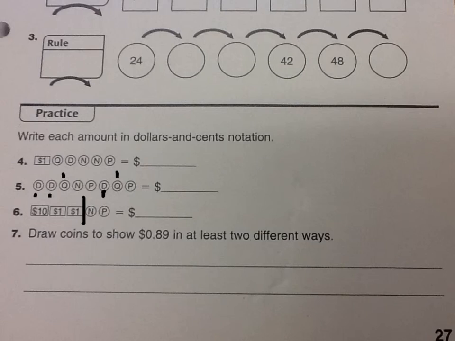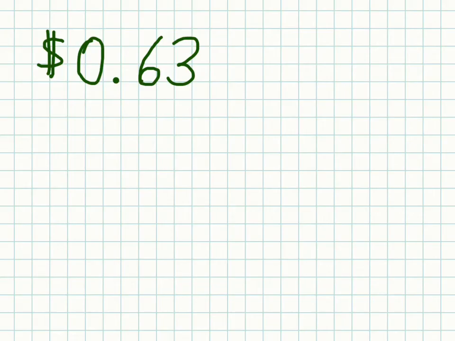Finally, number 7, you're going to show 89 cents in at least 2 different ways. So I'm going to show you another example. I'll choose just another number. Let's say I'll do 63 in 2 different ways. So let me draw a line there. Just a quick tip, when you're drawing coins, write the letter first and then circle it.